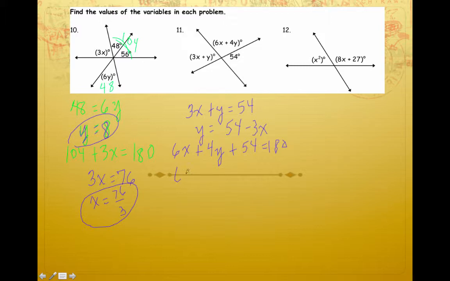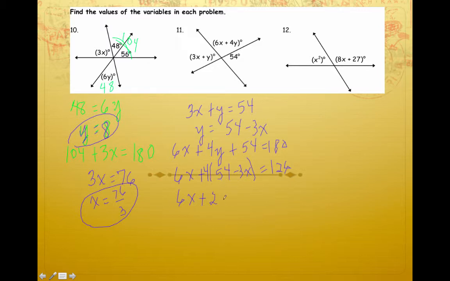So 6x plus 4 times, now I'm going to put in 54 minus 3x, equals 180 minus 54, so 126. So 6x plus 54 times 4, I'm going to distribute now.